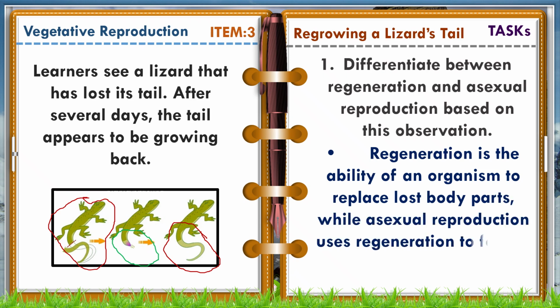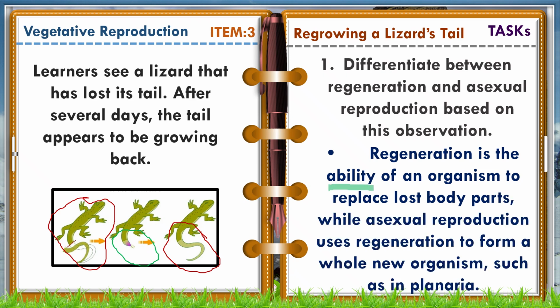Regeneration is the ability of an organism to replace lost body parts, while asexual reproduction may use regeneration to form a whole new organism, such as in planaria.